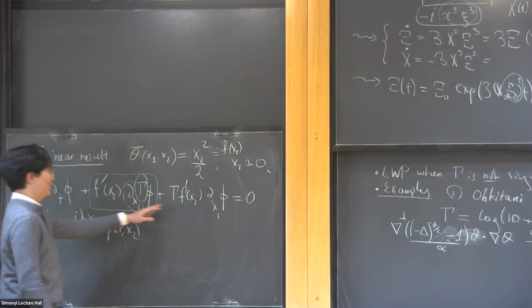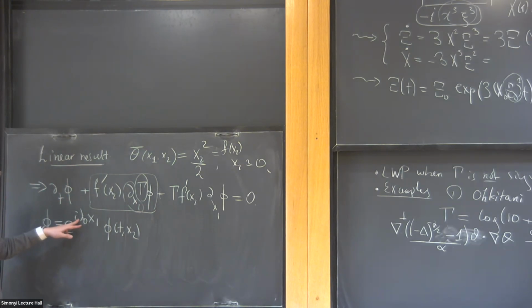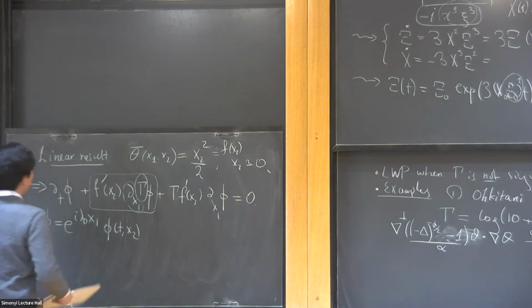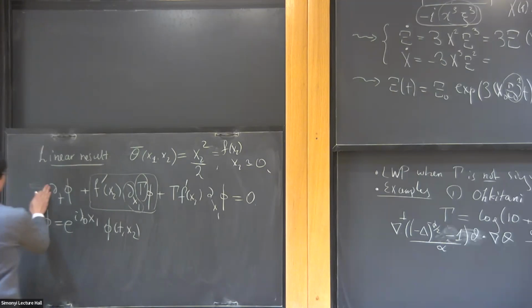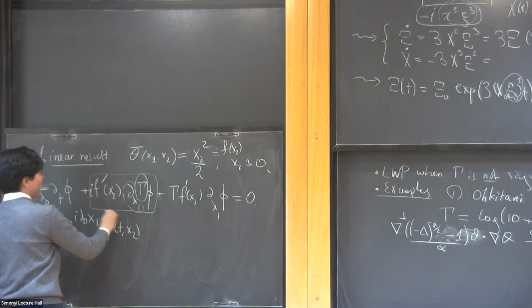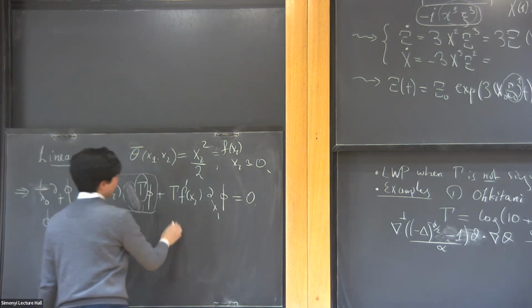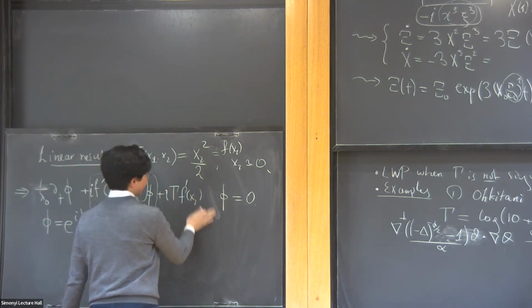This dx1 becomes simply multiplication by i lambda. So if you allow me, the equation is simply d/dt over i lambda_0, times this, times this.